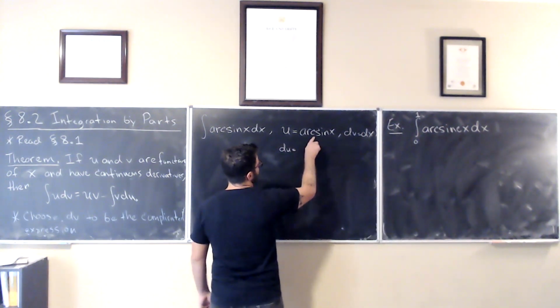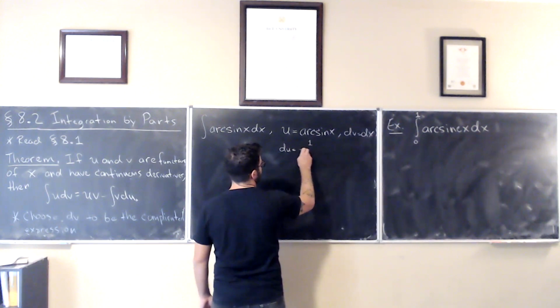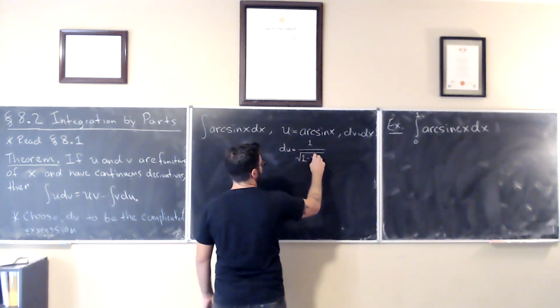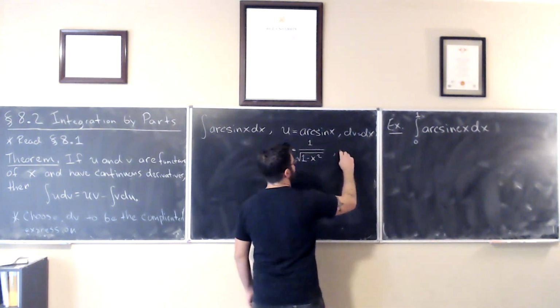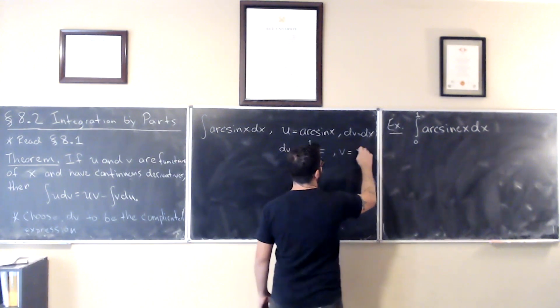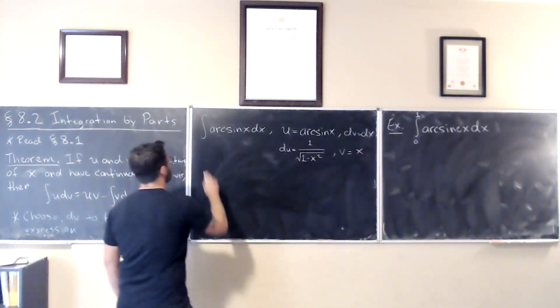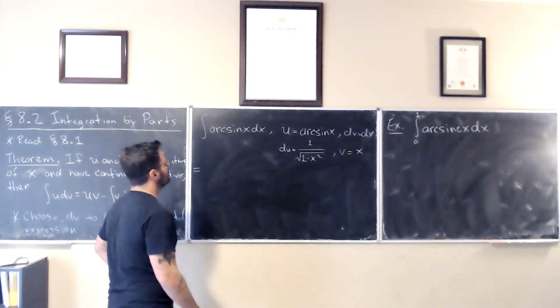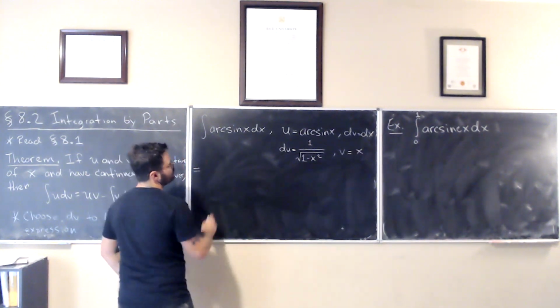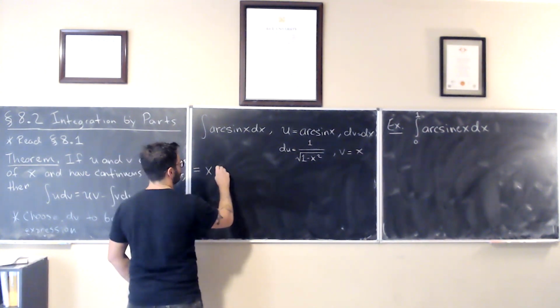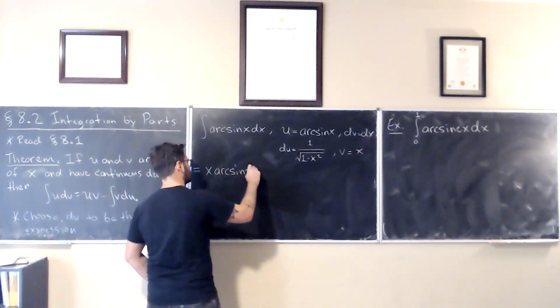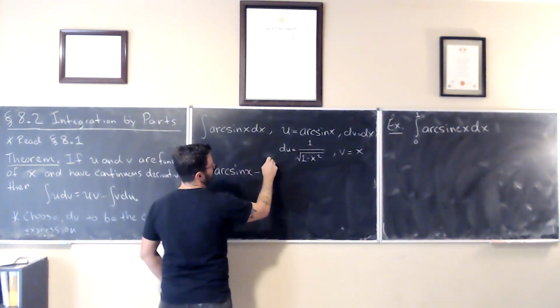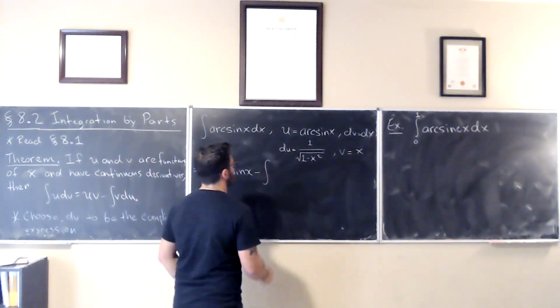So du, the derivative of arc sine, is 1 over root 1 minus x squared. And then v is equal to x. So then this indefinite integral is going to be uv, so x times arc sine x, minus the integral of v du.